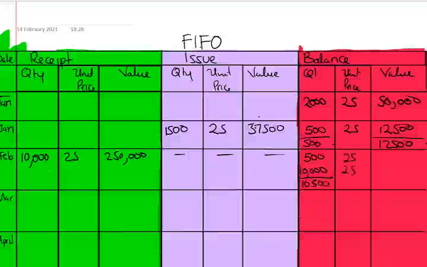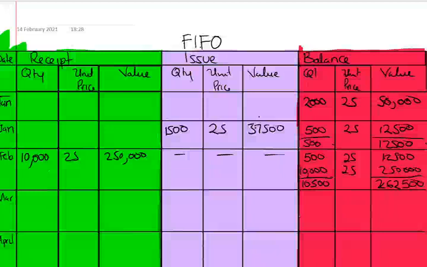This one also being valued at 25. This one is 12,500, and this one is being valued at 250. If we add this up, we should find a value of 262,500.